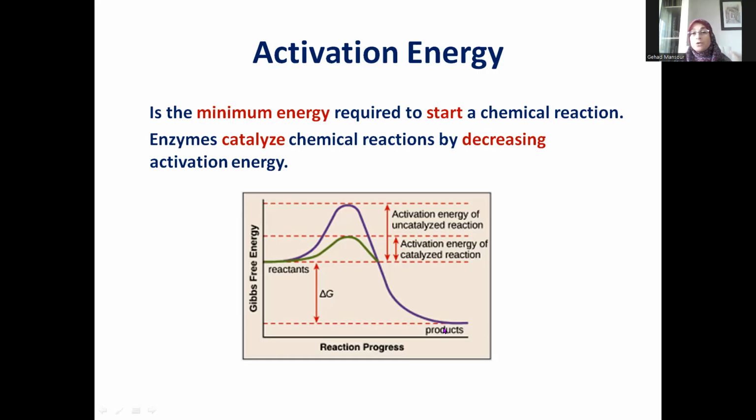And that's why whenever you find in a graph that at the beginning of the reaction here, close to the y-axis, the reactants had a higher energy level than the products, then definitely the difference has been released, and this is an exothermic reaction.